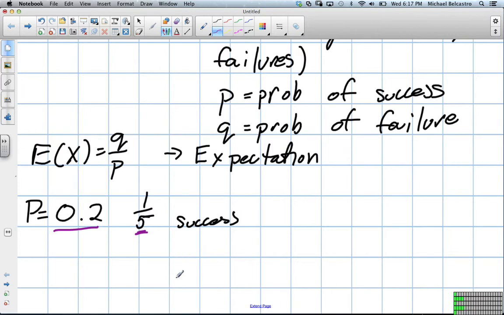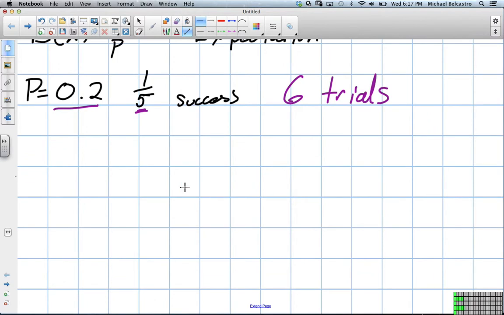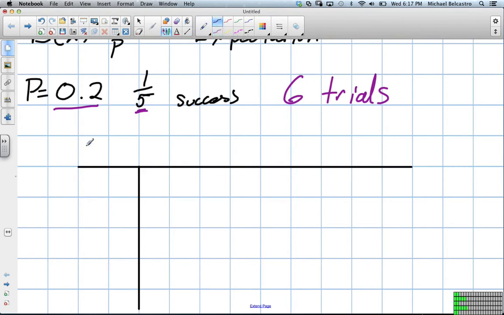They want us to calculate the probabilities over the course of 6 trials. So we're going to organize this like a T-chart: number of failures, and probability of success.